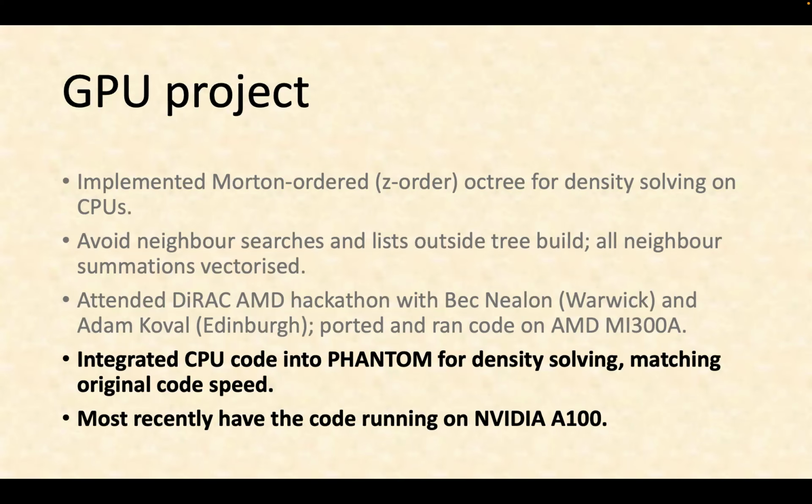Then most recently, I got the code working on an NVIDIA system, so that's with offloading. And in that case, on a completely different node, I had the code running 2 times faster than the 24 cores on that node. And the AMD is 5 times faster than the NVIDIA, but that is expected.